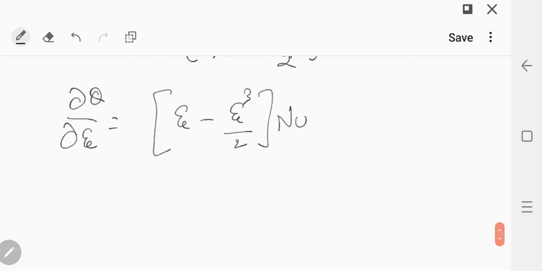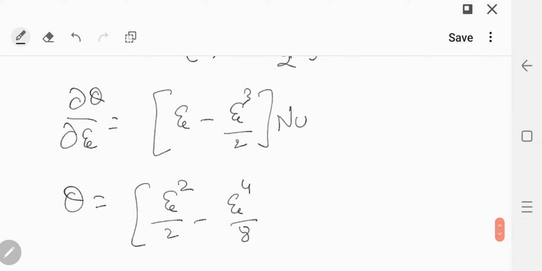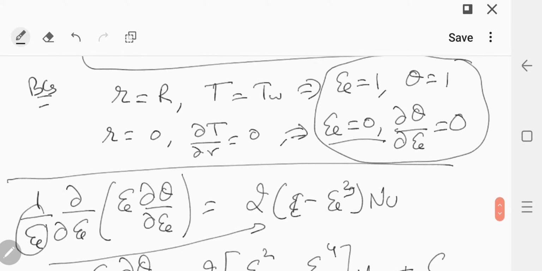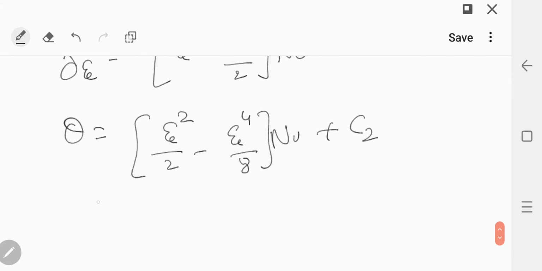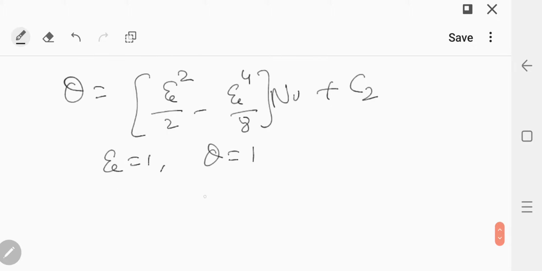Upon further integrating, we have theta as zeta square by 2 minus zeta 4 by 8 into Nusselt number plus C2. Now use the first boundary condition, that is zeta is 1, theta is 1, which will give me the value of C2. Now C2 comes out to be 1 minus 3 by 8 Nusselt number.